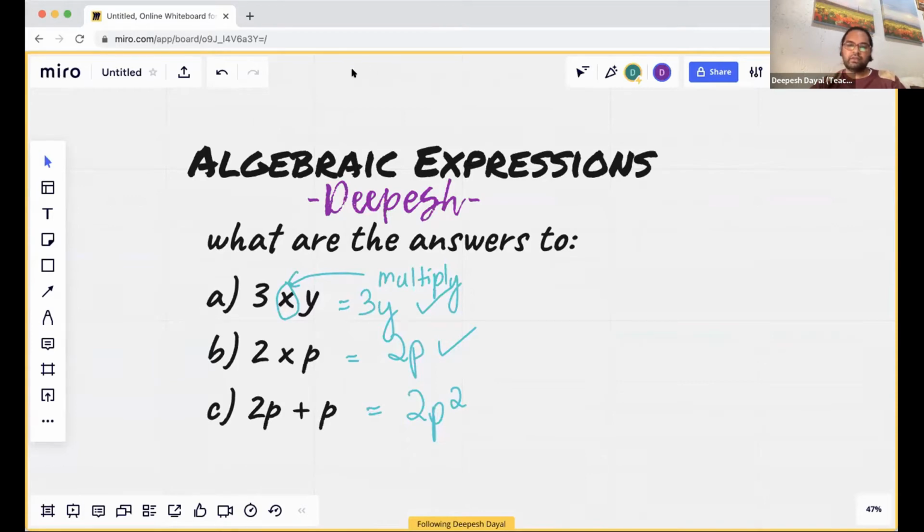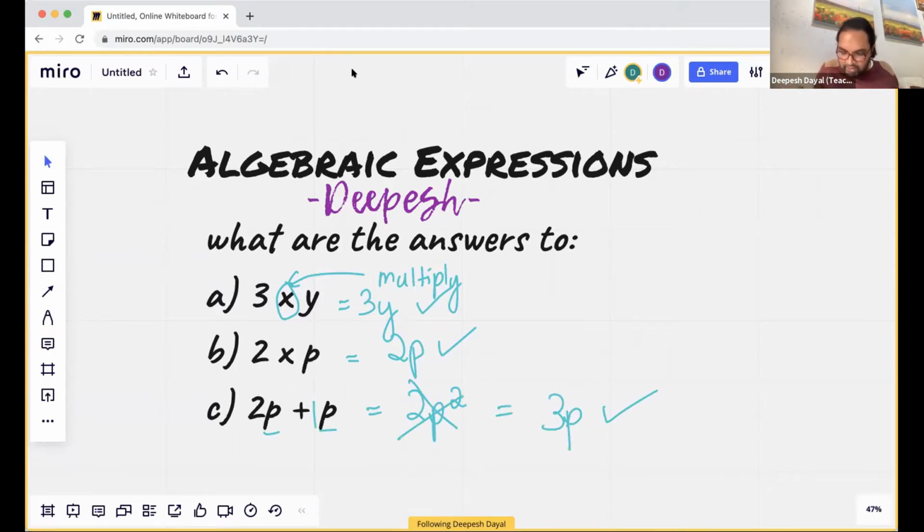Okay, so 2p plus p is actually 3p, because 2 plus 1 gives you 3. And remember the variable is the same, so it's p, and it's 2 plus 1. So it's 3p. So 2p squared is not the correct answer. When you add, you don't change the power. It's only when you multiply, right?